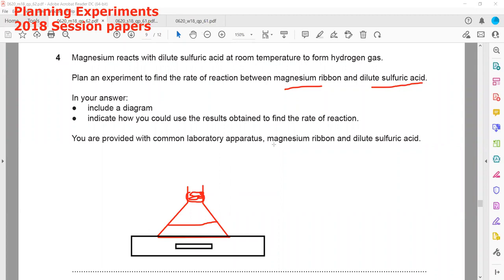This is one way. Or the second way, instead of measuring the mass, we can connect a gas syringe, place a bung and connect a gas syringe here, to measure the gas given off.